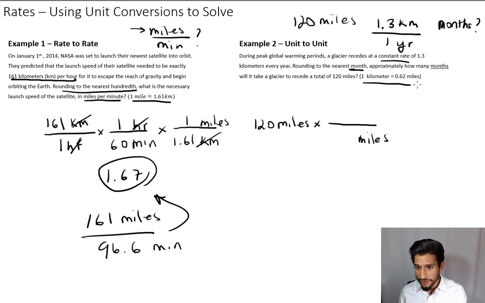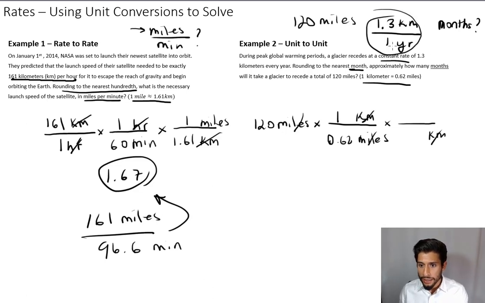And right here, I see that 1 kilometer equals 0.62 miles. So it's 0.62 miles and then 1 kilometer. Again, kilometers on top. I don't even think twice. I immediately put kilometer on bottom because I know I'm gonna need to cancel it out until I get to just months. So where do I see kilometer?